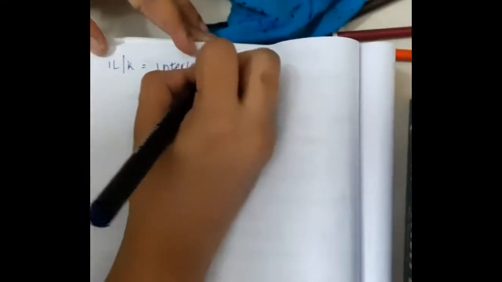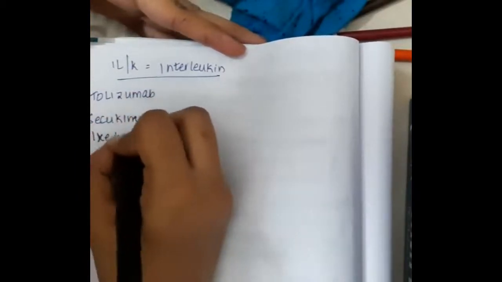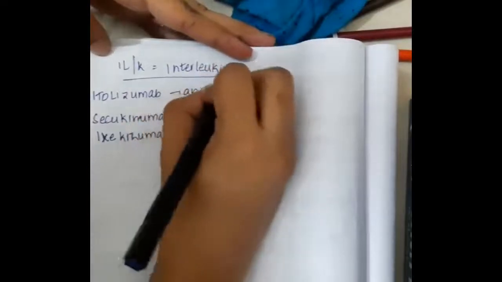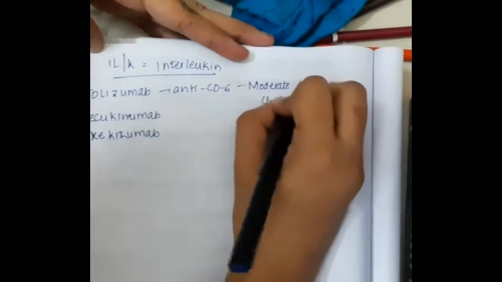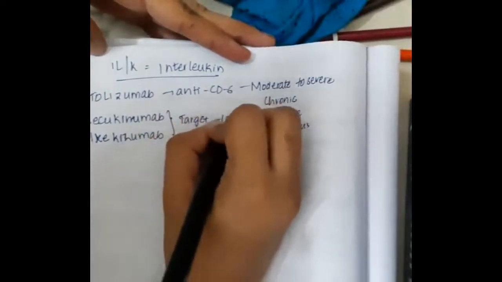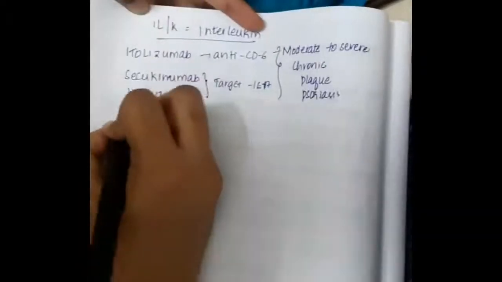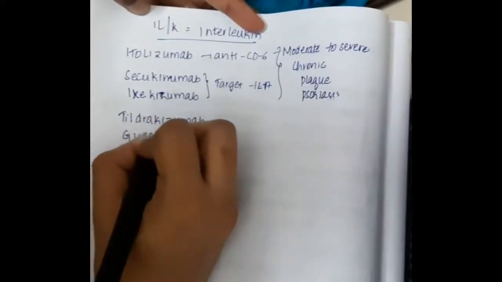If you see, the next group of monoclonal antibodies are the interleukin blockers, which includes itolizumab, secukinumab, ixekizumab. Itolizumab is an anti-CD6 which is used in moderate to severe chronic plaque psoriasis, whereas secukinumab and also ixekizumab, both these target interleukin 17, which are used in moderate to severe chronic plaque psoriasis.